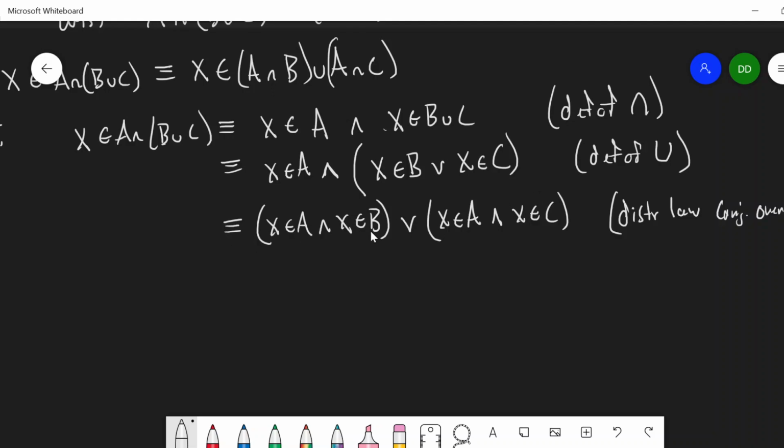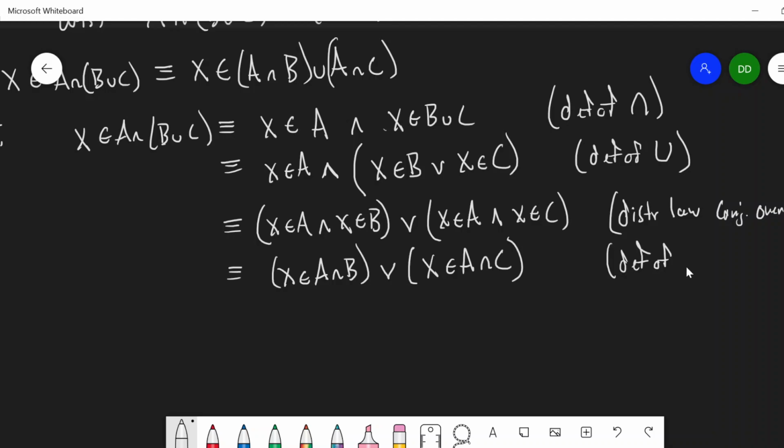And now I'm going to build this back up into sets. X is in A and X is in B. Well, what does this mean? This means that X is in A intersect B, right? That's the definition of intersection. And then I have or, and I can build this one back up, or X is in A intersect C. So that's again using the definition of intersection, building my way back up. And now I have this disjunction between these two.